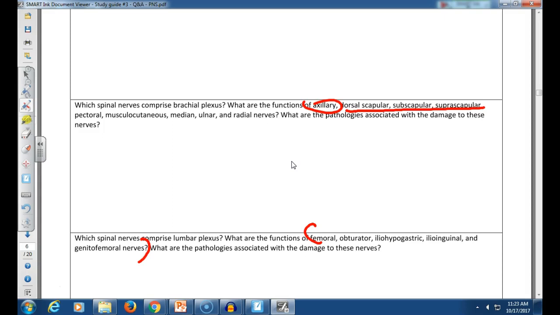Iliohypogastric and ilioinguinal, abdomen. A little up, ilioinguinal, a little below. Genitofemoral, sensory inputs from the genitalia and cremaster muscle. We good? Adduct. Adductor longus, adductor brevis.